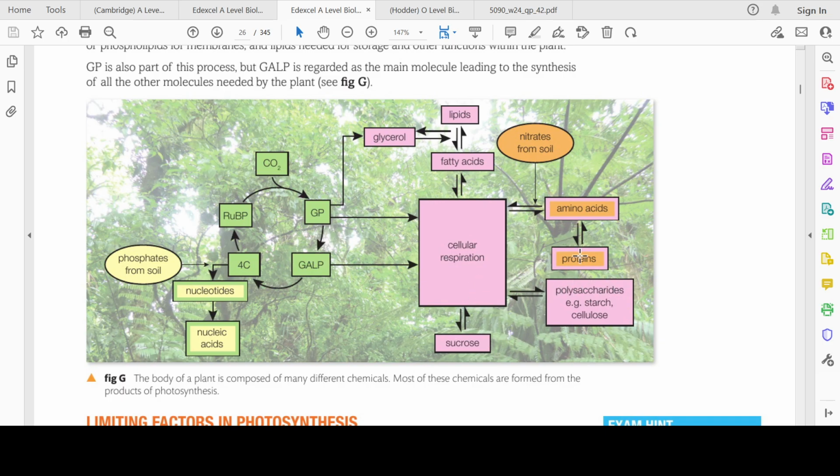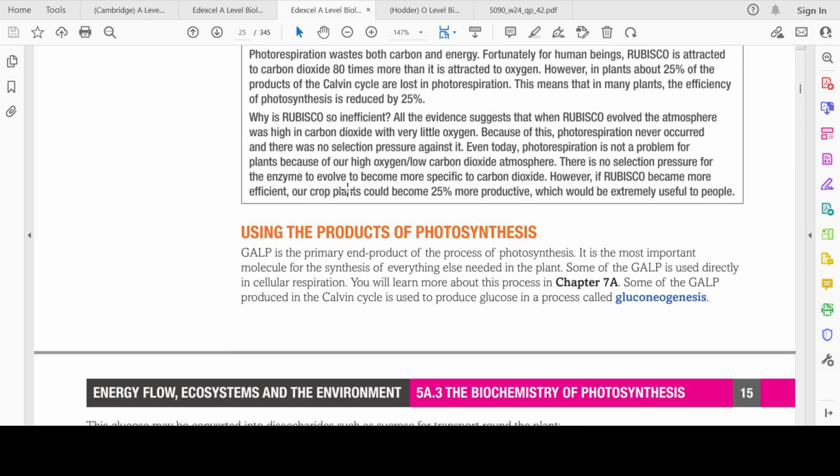Then the amino acids and the proteins using nitrates in the soil, or the acetyl coenzyme A forming fatty acids and lipids. The glycerate phosphate is also used to make glycerol, which is a component of lipids. So the flow chart of the entire thing, the explanation is given here in text.